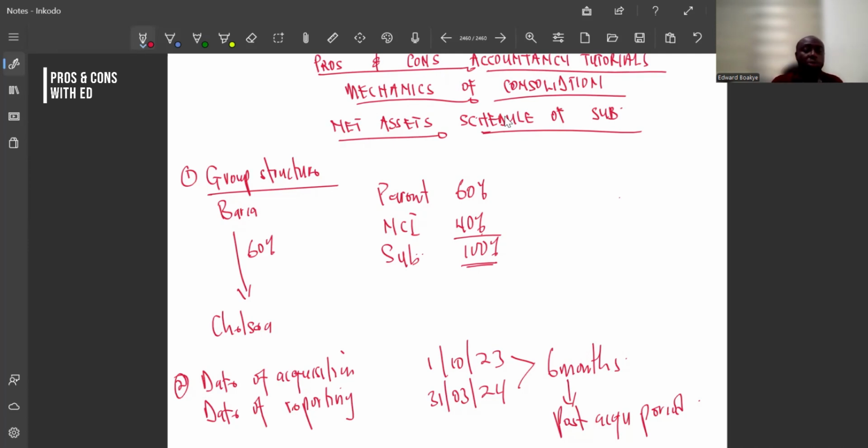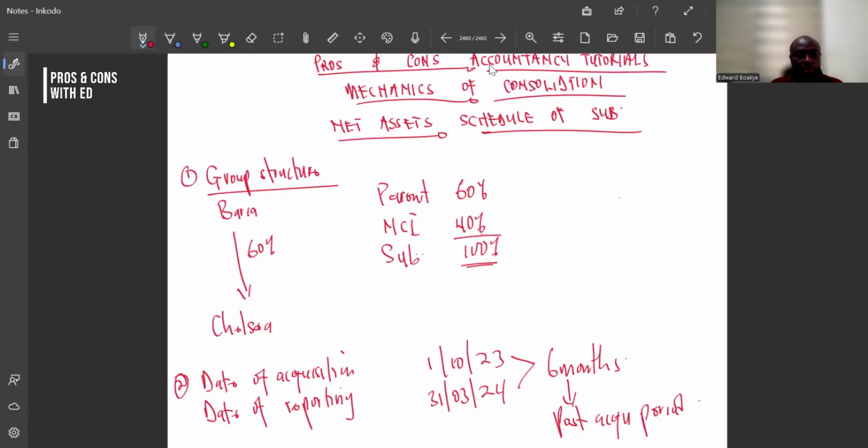Something we are also going to focus on today. So I want us to use a question to deal with the four mechanics that we've done, right? But the net asset schedule will be based on the P or L.